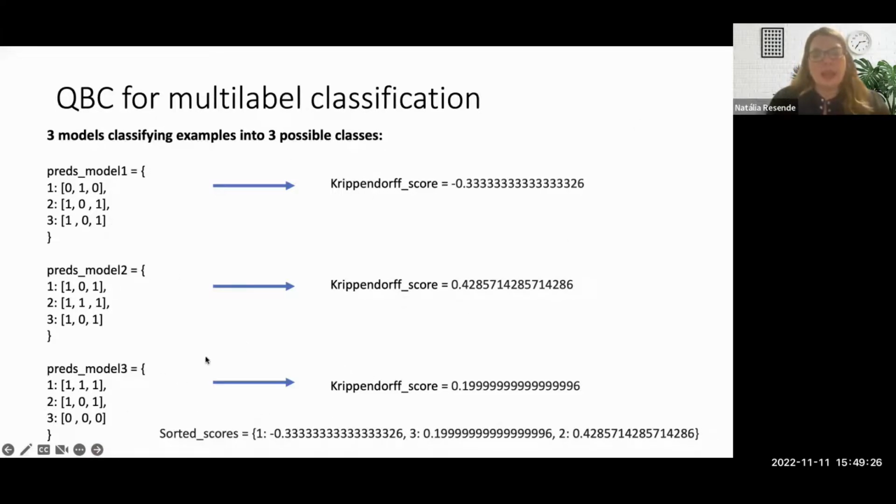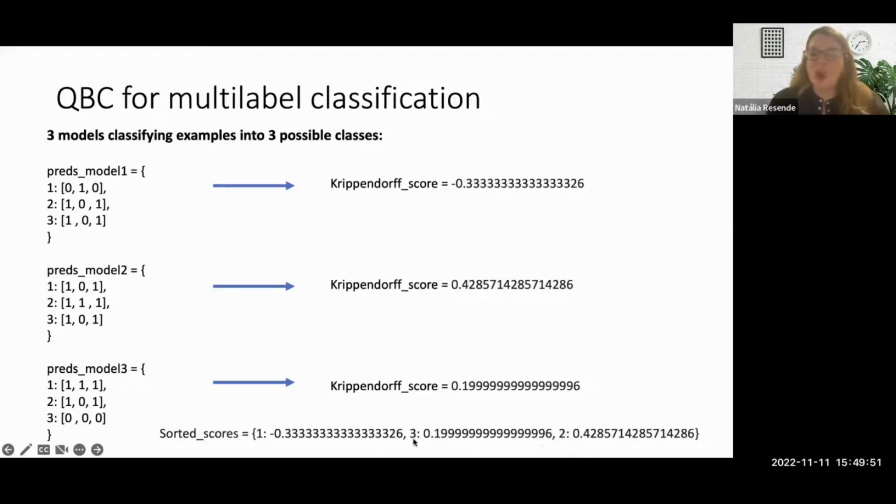What we get here is an agreement score, or a Krippendorff coefficient score, associated with example number 1, another score associated with example number 2, and another agreement score associated with example number 3.